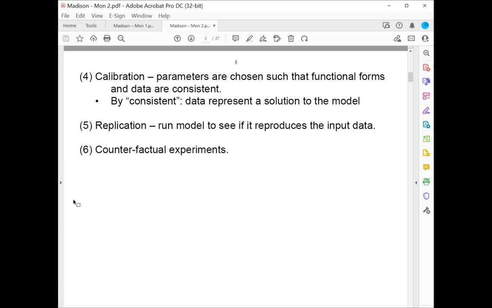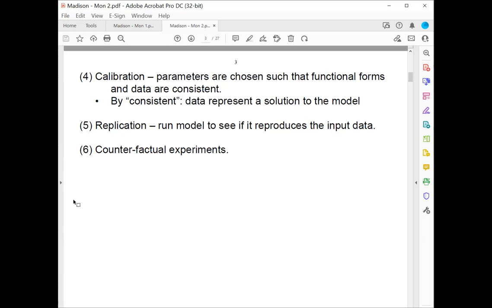Or in alternative language, if you run the model, it spits back those exact same numbers. That means you calibrated the model correctly. And that's called the replication check. Run the model and see if it reproduces the input data. And if it doesn't, something's wrong somewhere.